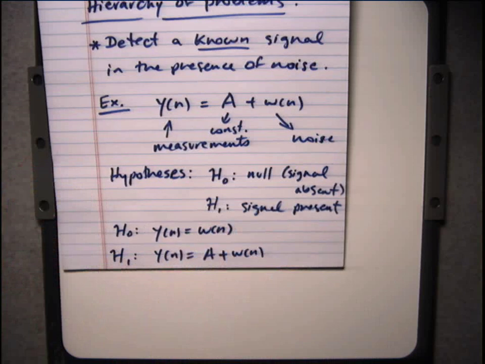Okay? So the challenging thing about this problem is actually the fact that you don't know which of these situations you have. Right? Even if I tell you that A is some constant that is known, what you don't know, what you're trying to decide, is which one of these hypotheses does the data come from.